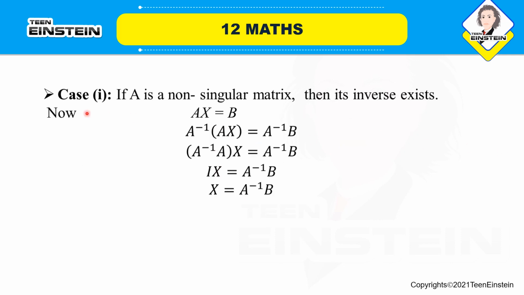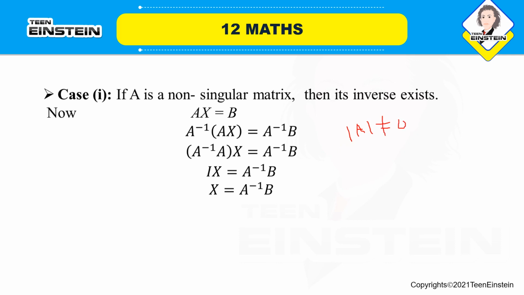Now consider case 1, if A is a non-singular matrix. Then we know that the inverse will exist, right? Non-singular matrix means determinant A is not equal to 0. That is the definition.